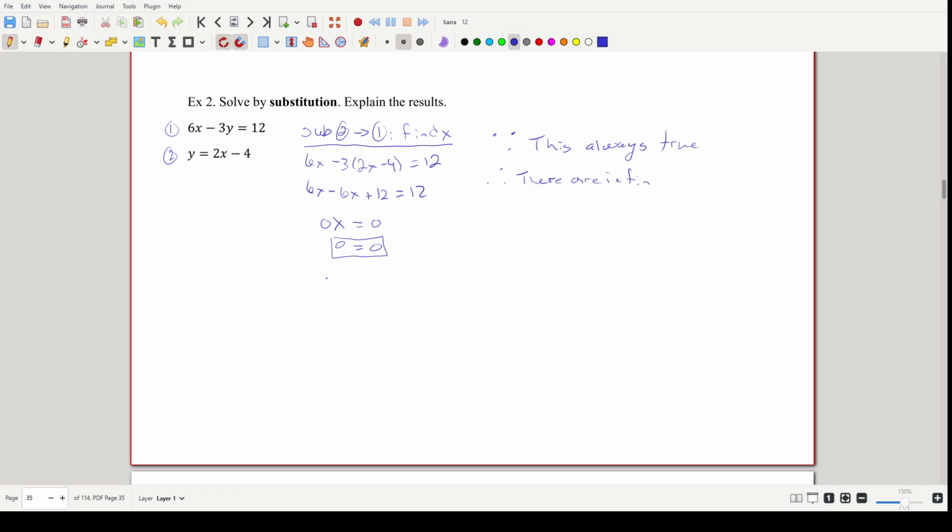Well, if there are infinite solutions, that means that they must be the same line, and it also means that they're parallel. So we could say the lines are parallel and coincident. Parallel and coincident.